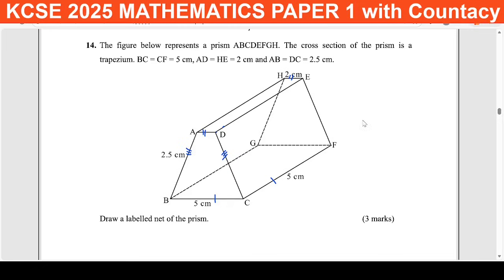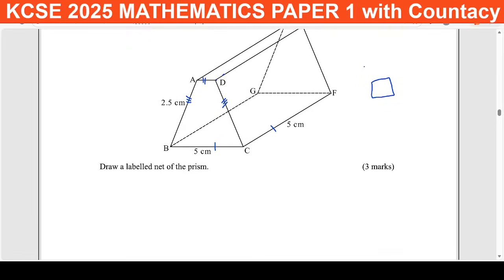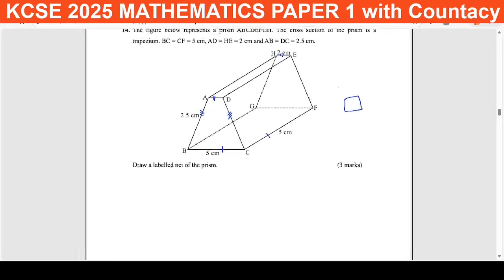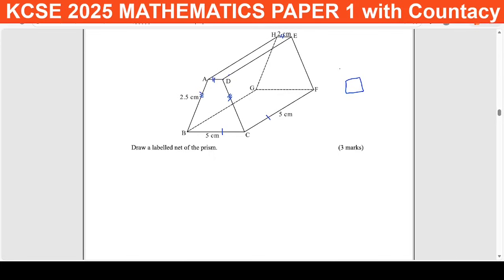So what you should be able to have here is, this is a sketch. Actually, we can just do it all together. Because we already know what the question is requiring us to do, we can utilize this space over here. Okay, we have it right there.